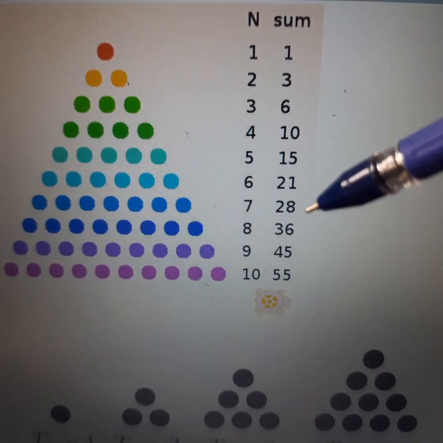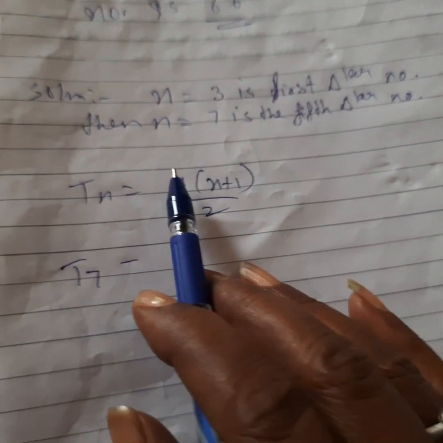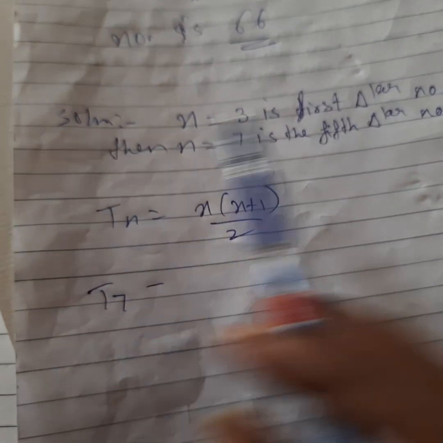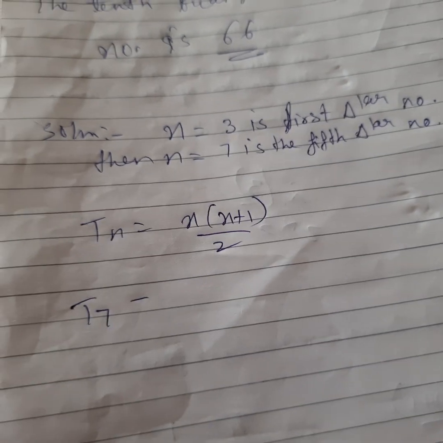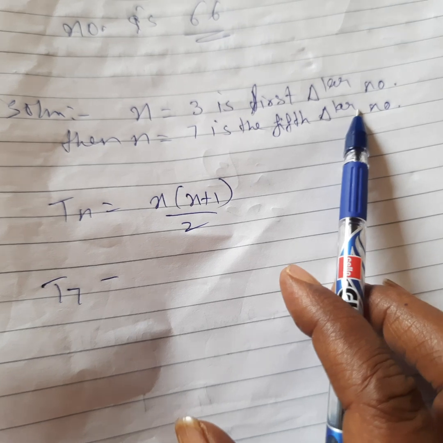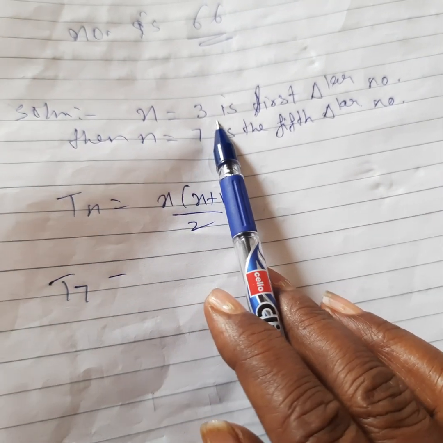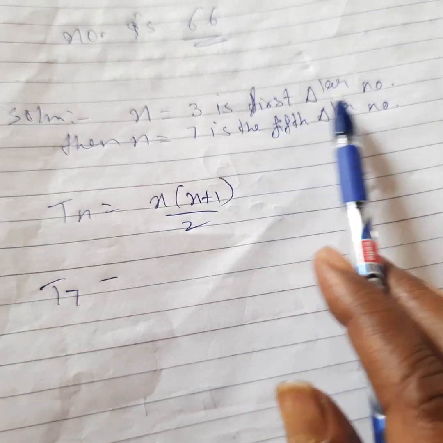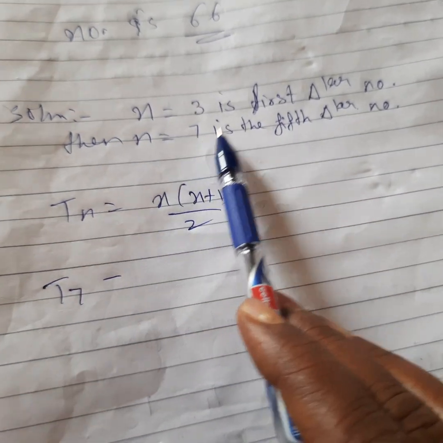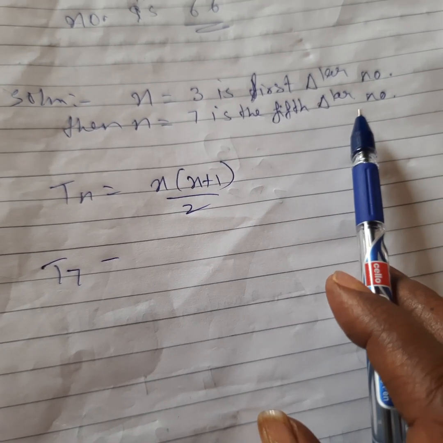Now using the formula I will show you. I just wrote it down, children, so that we save time. Now see, solution. The first triangular number I showed you was 6, and that is n is equal to 3. So if n is equal to 3 is the first triangular number, then n is equal to 7 is the fifth triangular number. The same way you will write down the numbers and you can find out.